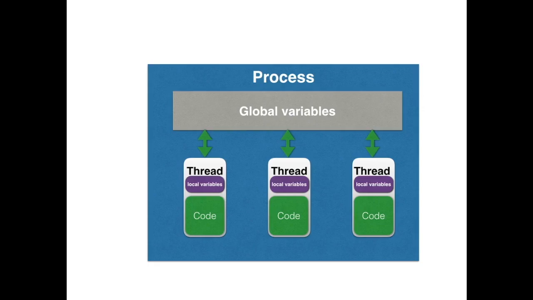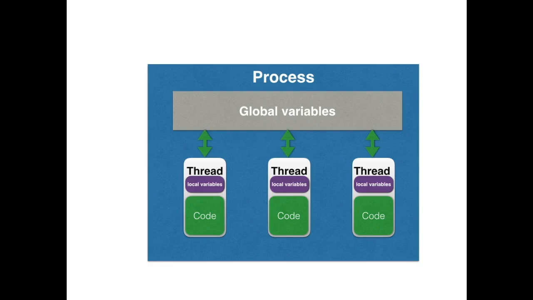The difference between the thread and the process is that the thread exists entirely inside the process and shares its resources. So let's say inside this gray box we have the global variables. Each thread will be able to share those global variables, and in addition each thread can have its own local variables and its own control flow to work with those local and global variables.